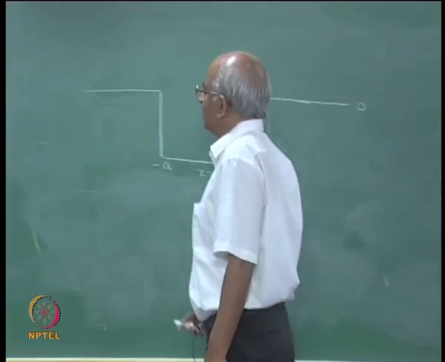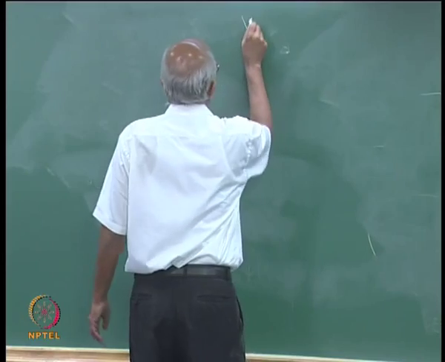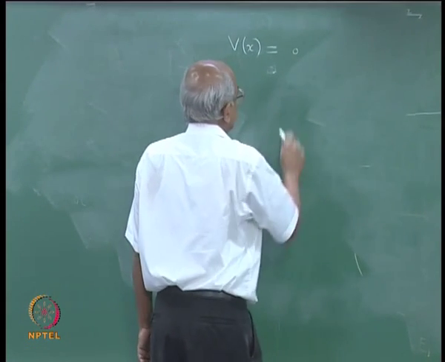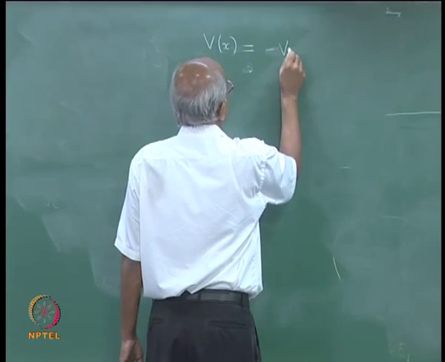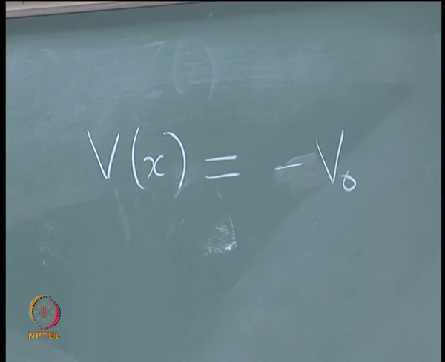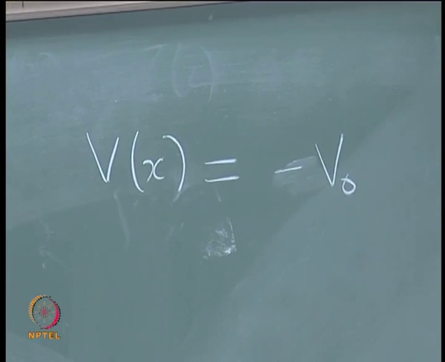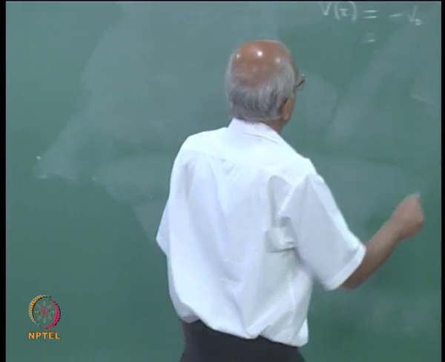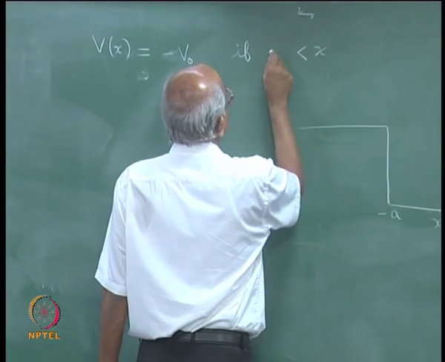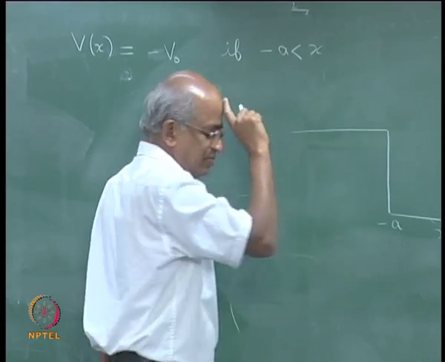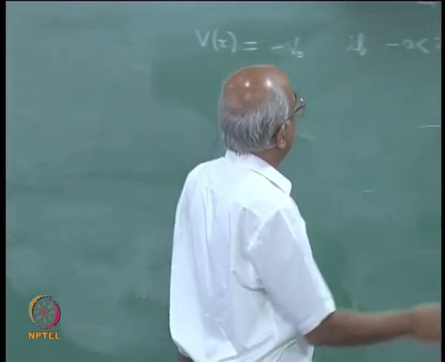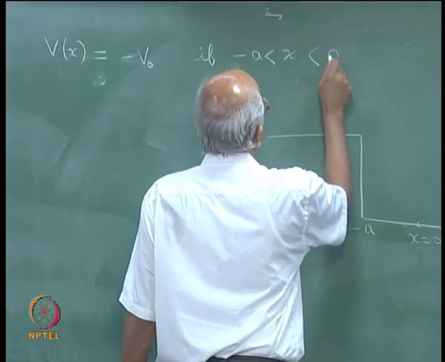So, let me now define the potential energy of the system. V of x, how will you define it? It is equal to minus V0, where V0 is assumed to be positive, so minus V0 is negative, when minus a is less than x and x is less than plus a.